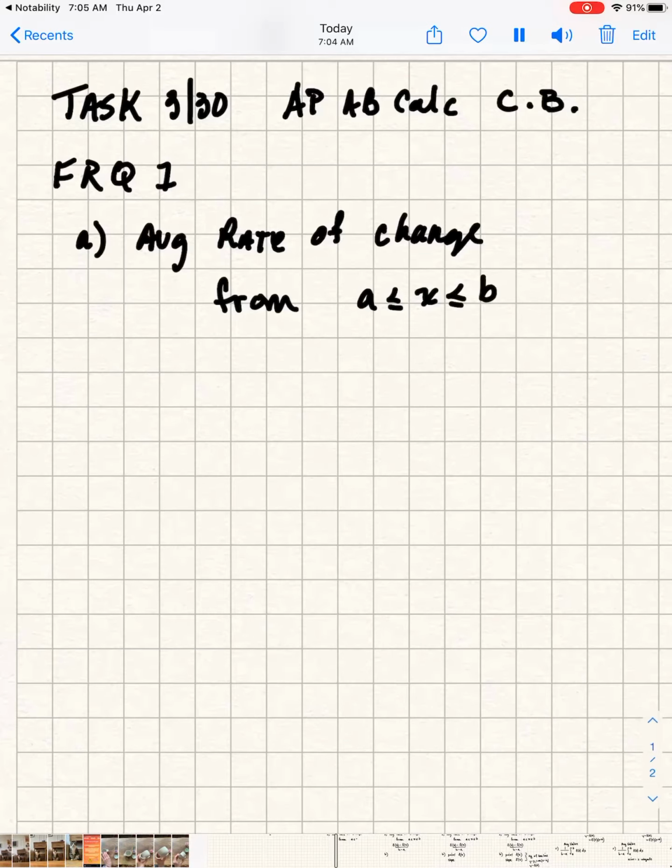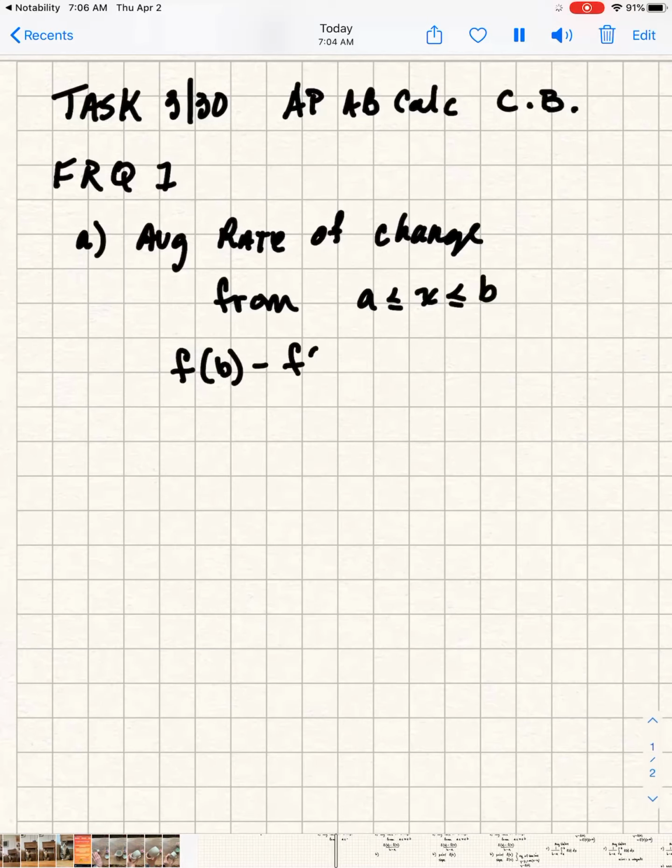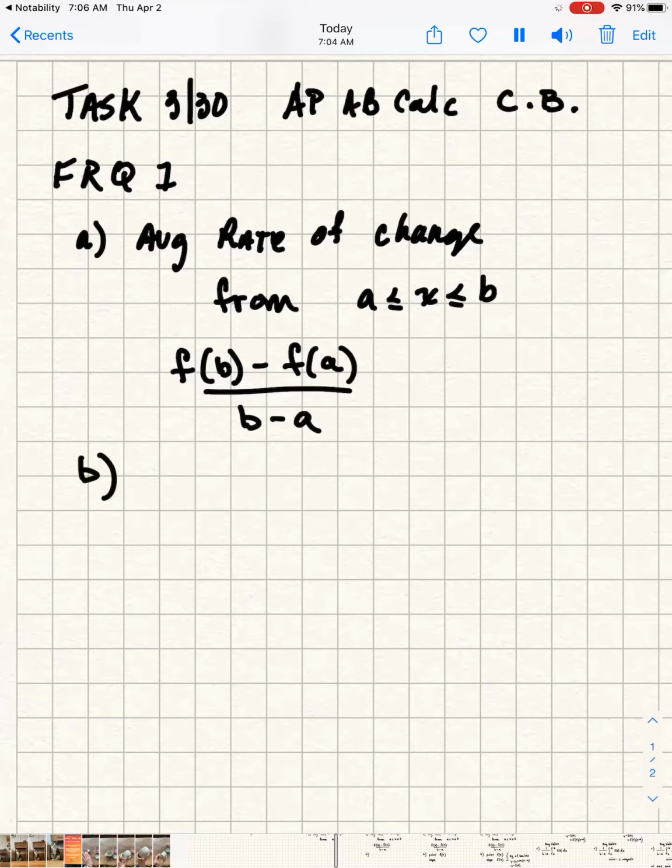So what you want to do is f of b minus f of a over b minus a. Hopefully that gives you a little help there for letter A.